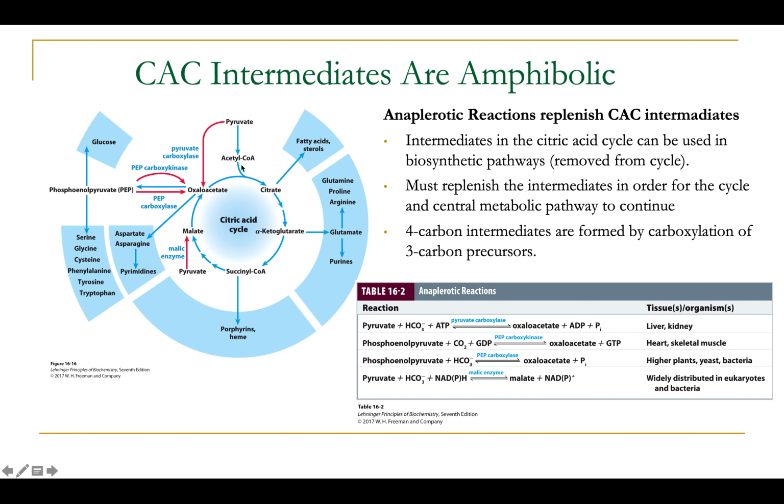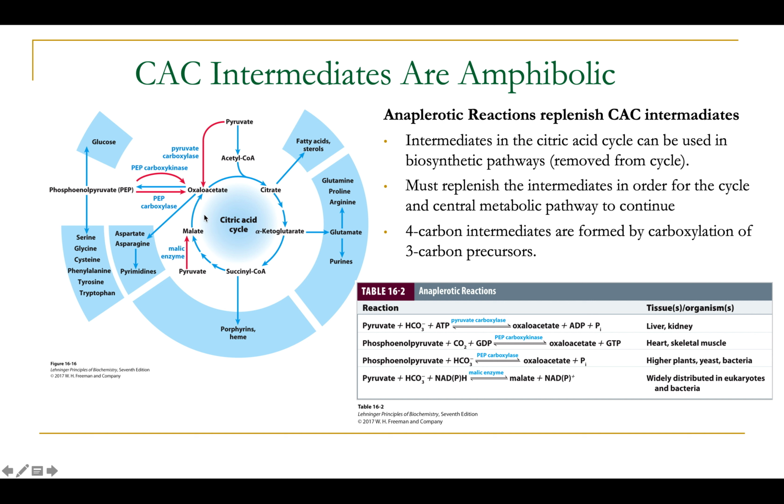Everything which was pumped in the form of an acetyl group into the citric acid cycle goes out in the form of carbon dioxide and reduced electron transport carriers. So for these anabolic pathways stemming from the citric acid cycle to take place, there must be a way to replenish the intermediates of the citric acid cycle.